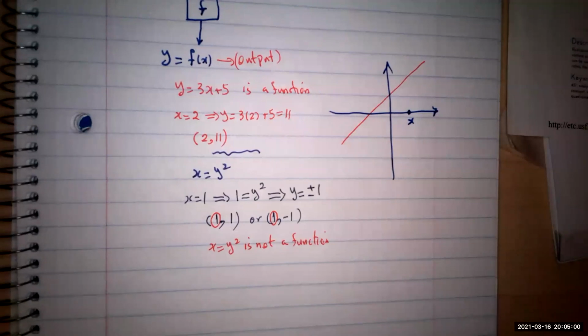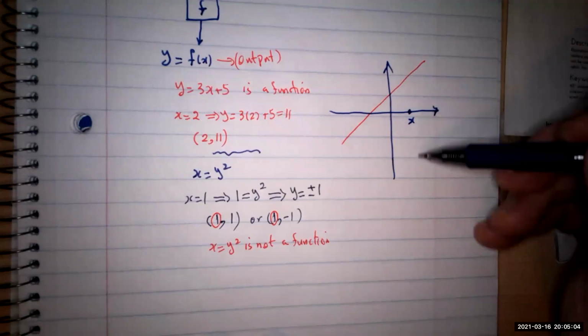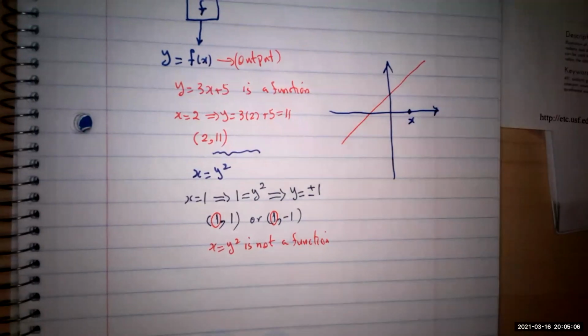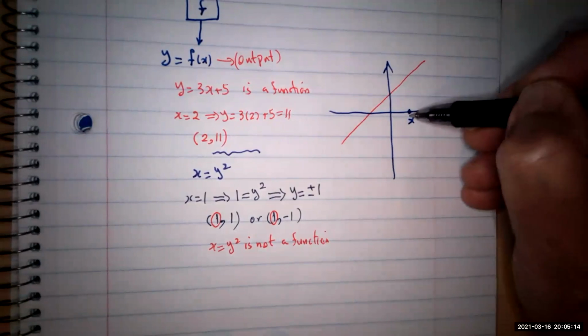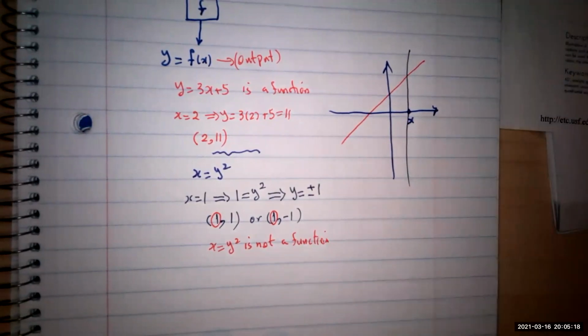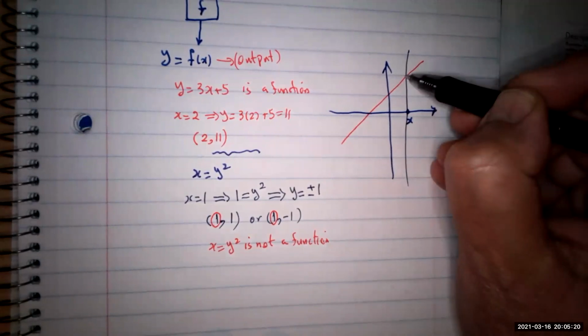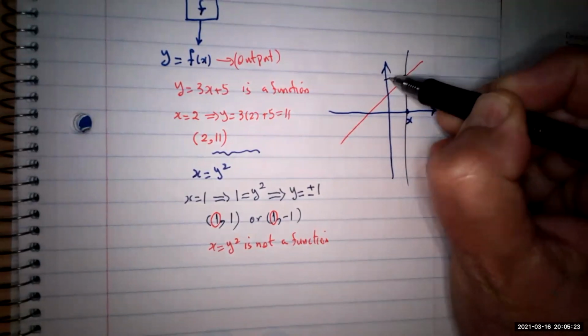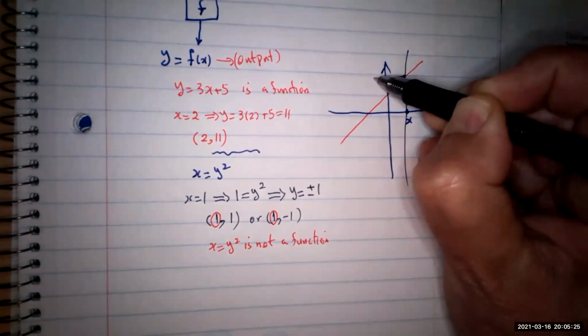If I give you x equal to 1, you know that the graph of x equal to 1 is a vertical line. As soon as you give me the x, I can draw a vertical line, and this vertical line would intersect the graph at one point only. And that's the y that we talk about.